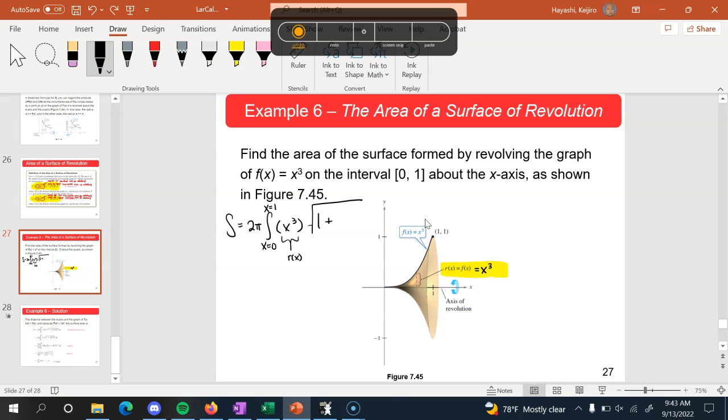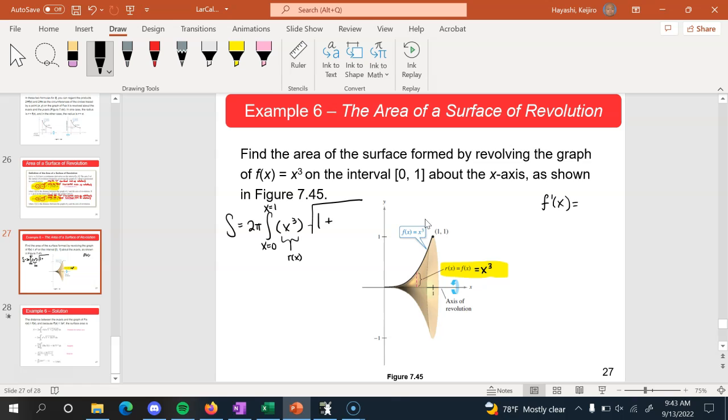Now, in terms of f prime, if f of x is x cubed, f prime is 3x squared. And if we take that and we square it, that's 9x to the 4th.